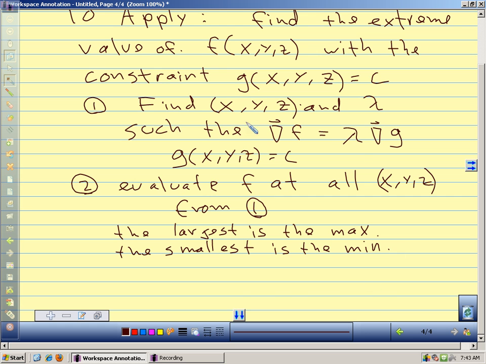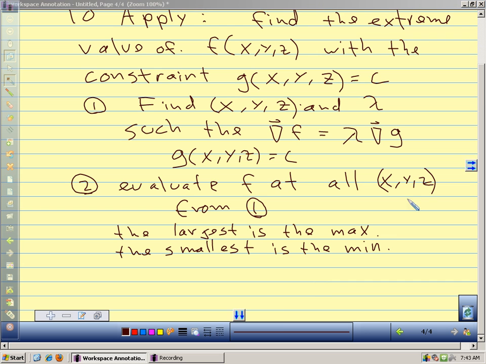So we just apply this method, find our x's, y's, and z's that make this true, and the largest value is going to be our maximum on that constraint, and the smallest value is going to be our minimum on the constraint.